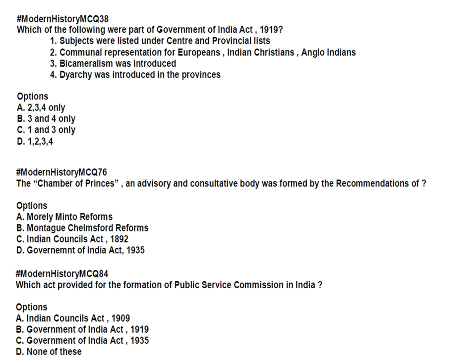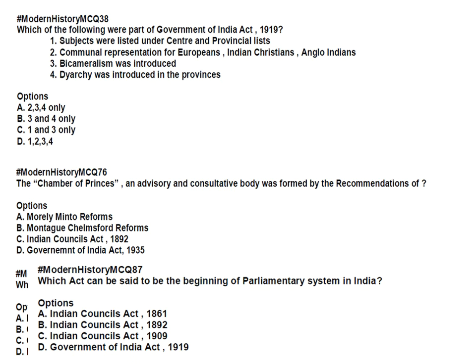The Chamber of Princes, an advisory and consultative body, was formed by the recommendations of, you have to tell me which one. Chamber of Princes. Which act provided for the formation of Public Service Commission in India? We have seen this. The first one, Central Public Service Commission. When was it formed? You have to mention that. One more question: which act can be said to be the beginning of parliamentary system in India? UPSC is not picking up the statements directly. They are confusing you by forming these kinds of things.